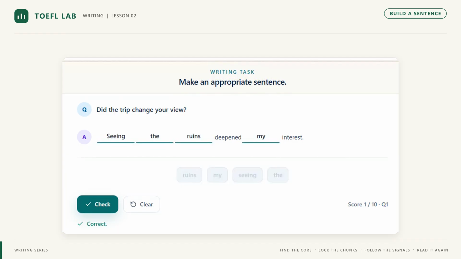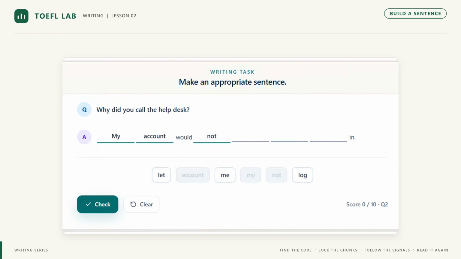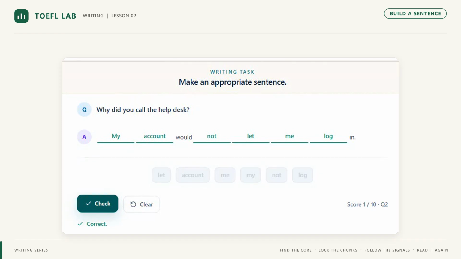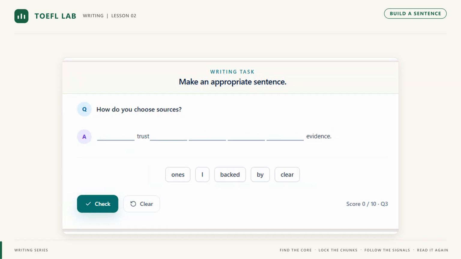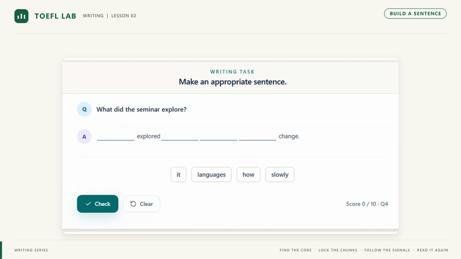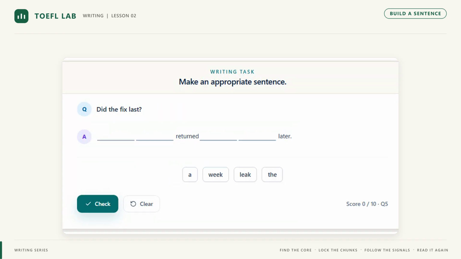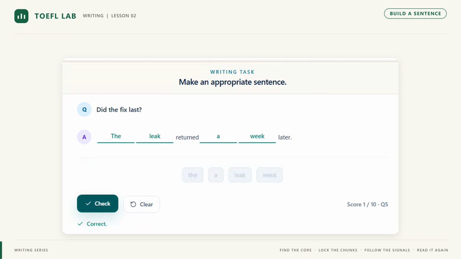Seeing the ruins deepen my interest. My account would not let me log in. I trust one's backed by clear evidence. It explored how languages slowly change. The leak returned a week later.